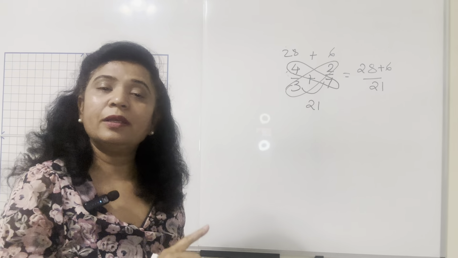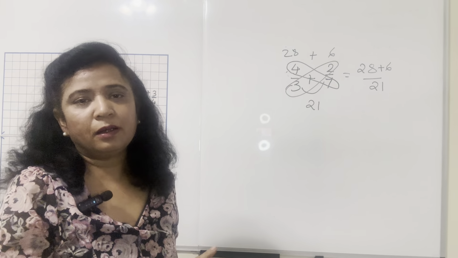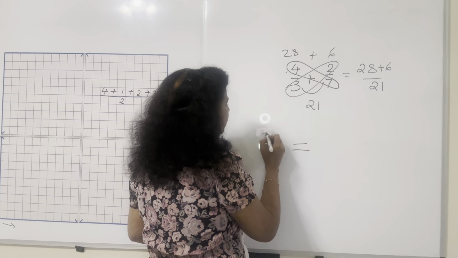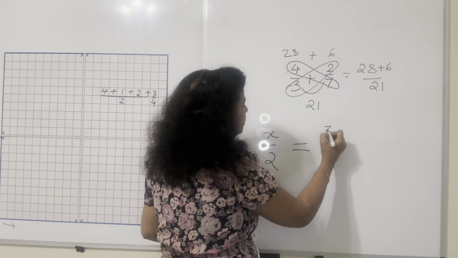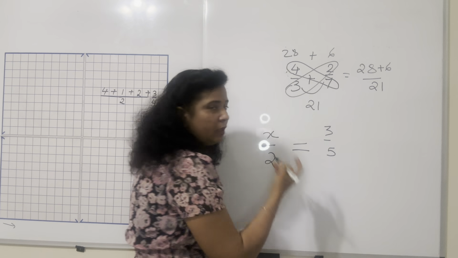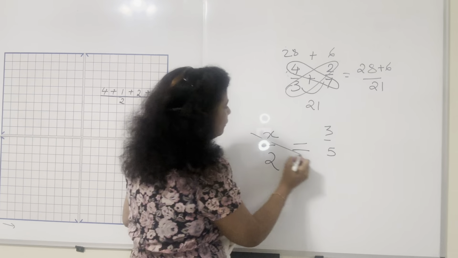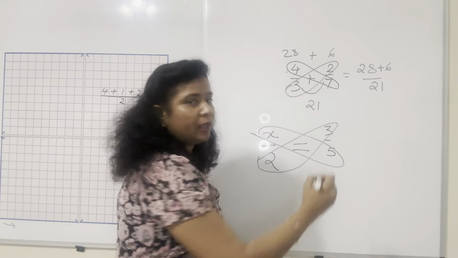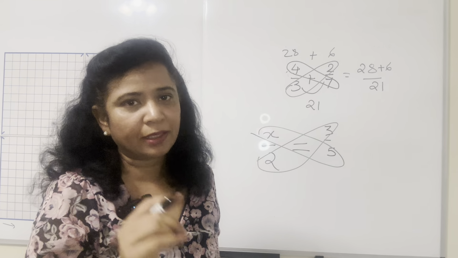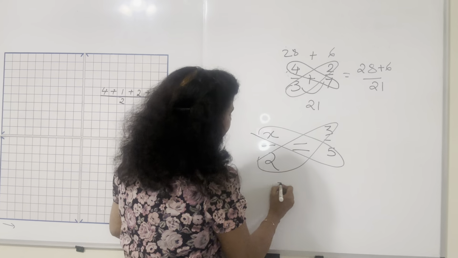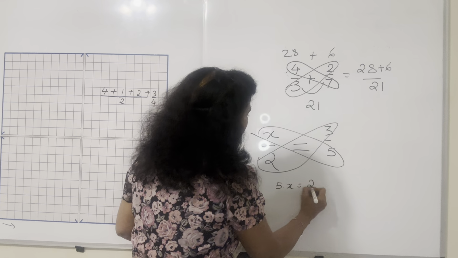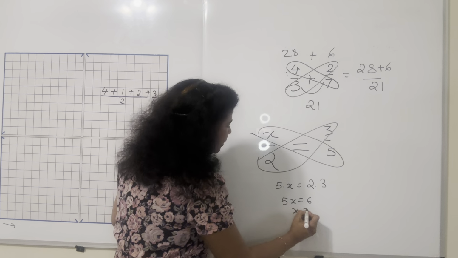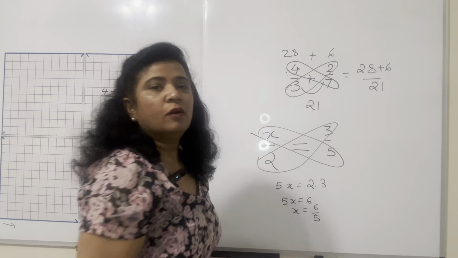Okay. Now the same butterfly method can be useful for the equal sign also. For example, here equal sign, if you have x over 2 is equal to 3 over 5, right? Now here, with the equal sign, the butterfly method means you just have to do cross multiplication. Here you don't have to multiply them like the way we were doing in plus and minus. That's the only difference. So you multiply 5 times x is equal to 2 times 3, that is 5x is equal to 6, and x is equal to 6 divided by 5.